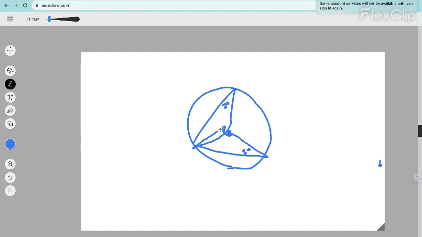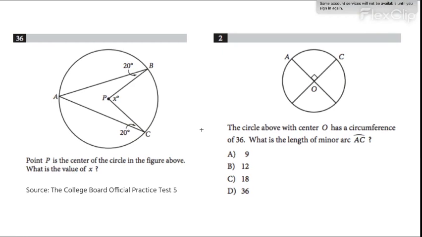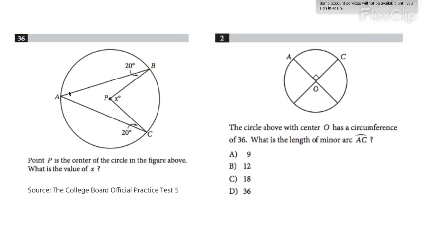What I would recommend is splitting these into two triangles. Because if you do that, then this basically becomes an isosceles triangle. Look back at this example. If you draw a line between A and P, then these two sides are just equal.